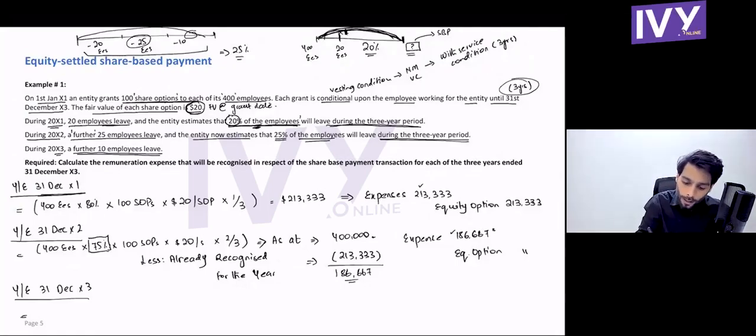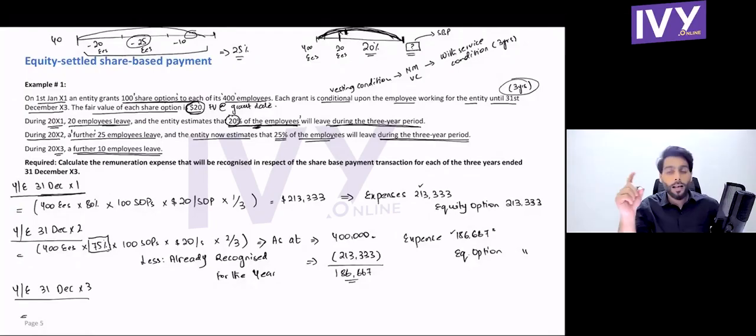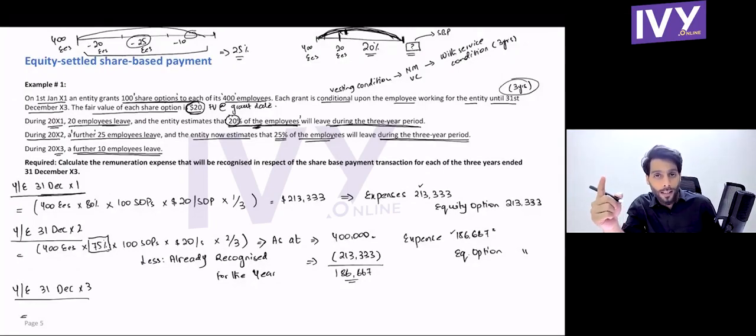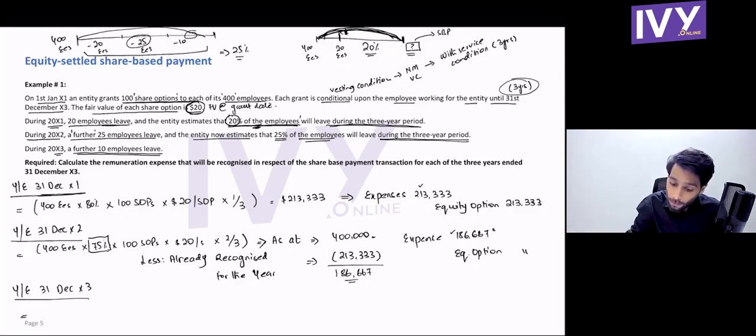We had 400 employees, 20 left in the first year, 25 left in the second year, 10 left in the third year. So in totality, 55 employees left over the 3-year period. And now we don't need to estimate because we have the actual number. So at the end of year 3, we are very sure that we are only liable to 345 employees only.